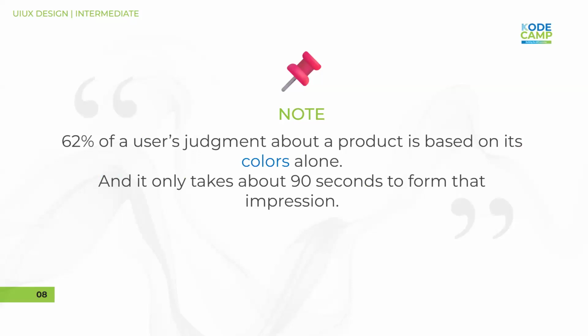That's how long it takes for them to judge your product. And how do they judge it, and what are the things they use in judging it? Color alone takes about 62% of it. Okay, so whenever we are designing, let's think about our colors, how we use our colors.